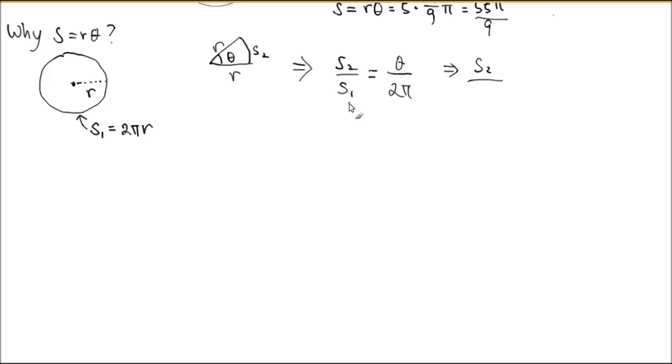But we know about S1, the entire length of a circumference is 2 pi r, right? And theta is there, and 2 pi is the full angle measure of one rotation, one revolution. Okay? So if you use 360 degrees instead of the radian measure 2 pi, you're going to have 360 in here, right?